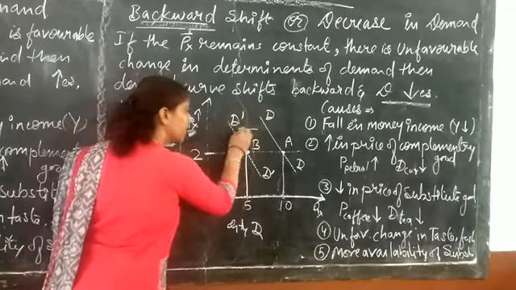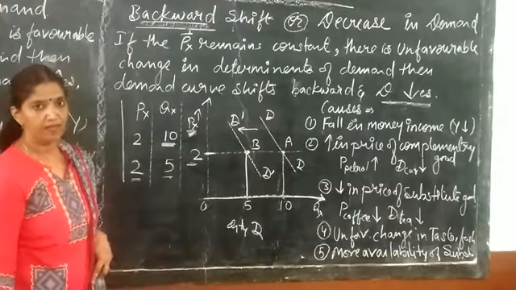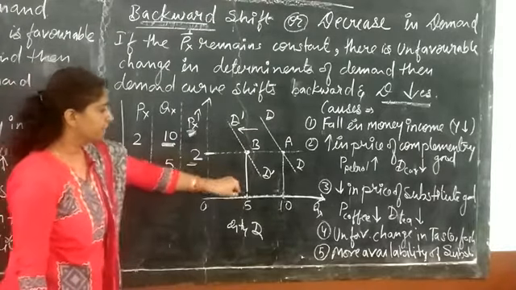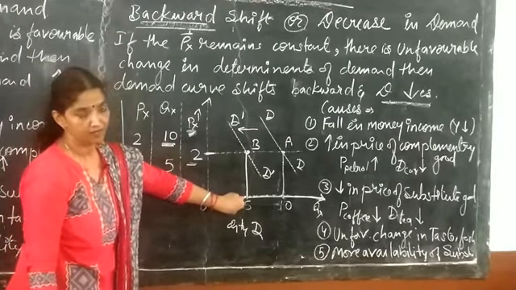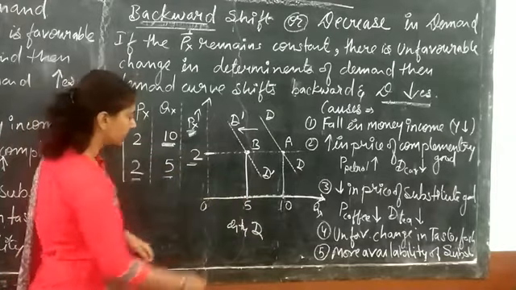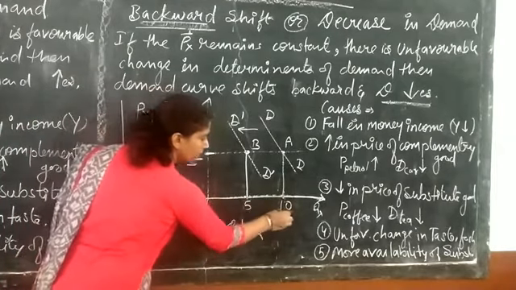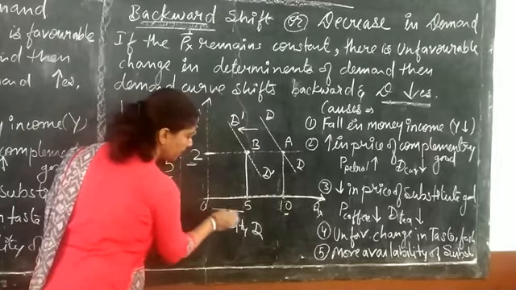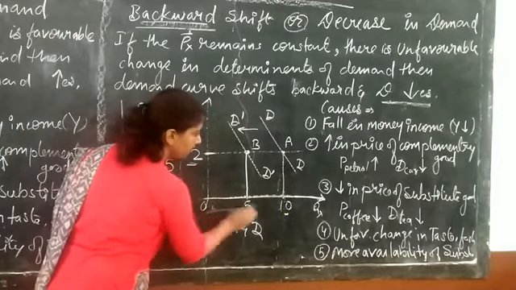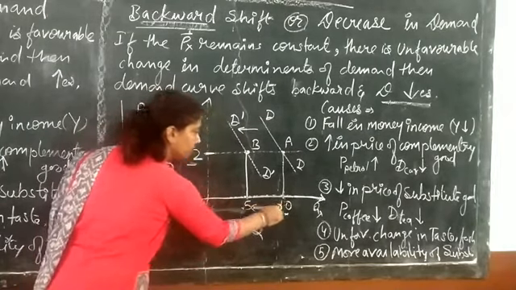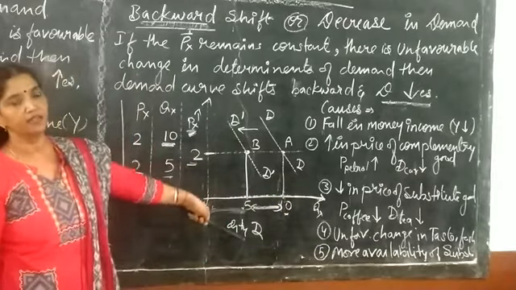There is a backward shift of demand curve. That's why there is decrease in demand. The earlier consumer was demanding 10 units, but now he is demanding only 5 units. So there is fall in demand. This is called decrease in demand.